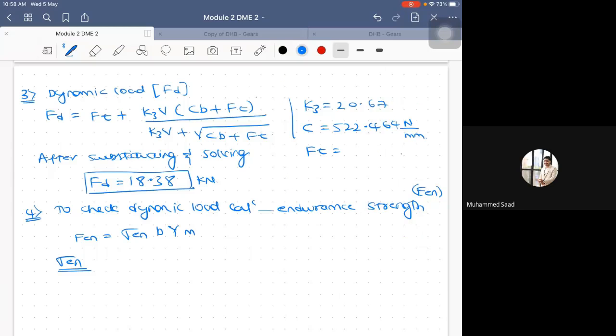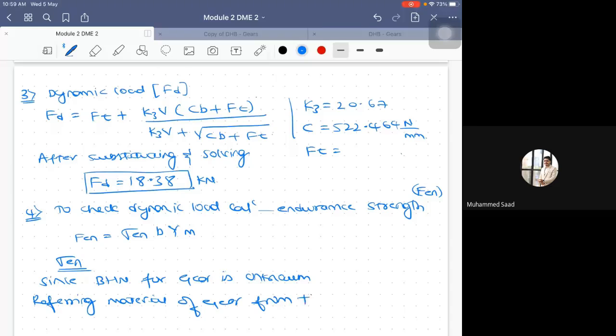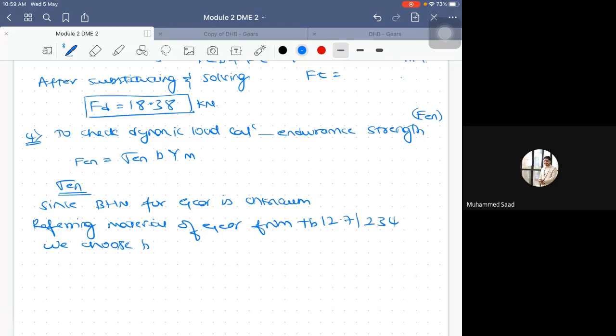So just write it in your notes here: while calculating sigma En, since the Brinell hardness number for gear is unknown, referring to the material of gear from table number 12.7, page 234, we choose based on given data.